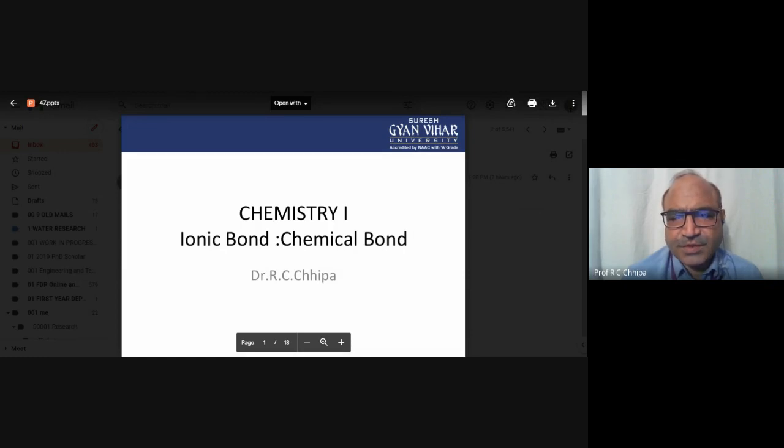That is the atomic number arrangement. Atomic numbers are the number of protons, and because the positive charge is equal to the negative charge, atomic number means the number of protons or the number of electrons.